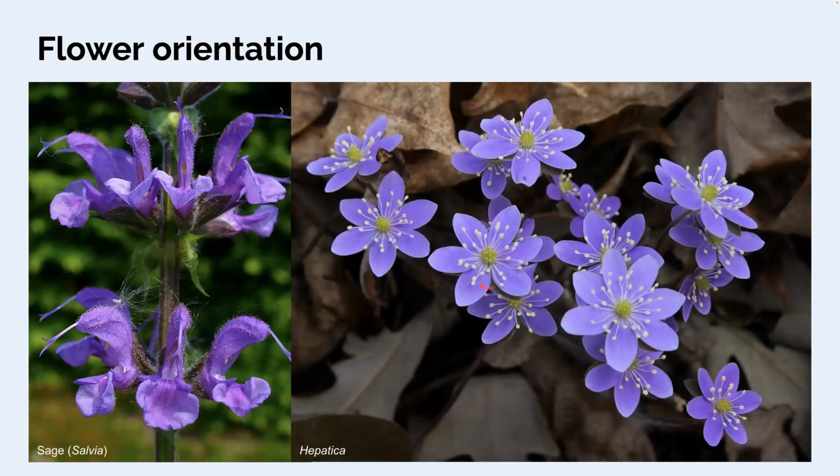Now it does have pollen available in all directions, and it's got a variety of carpels available at the center. So anyway you're approaching this flower, you're going to get a similar experience, but a little more maybe haphazard as far as where the pollen ends up, or maybe consistently on the bottom of an insect that's crawling around on here. Just a difference, right? So it's available to put pollen on a variety of pollinators coming from a variety of directions, as opposed to on the left, coming from one direction per flower.